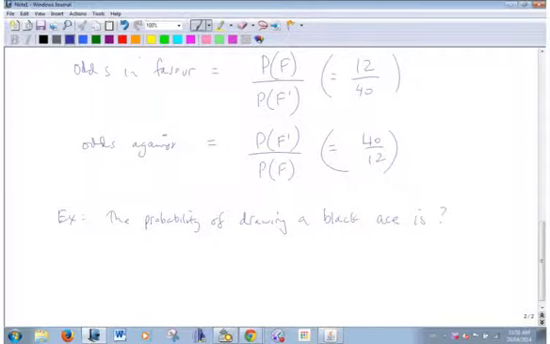There's an ace of clubs. Yeah. 2 out of, what's the total choices? 52 cards, right? Okay, simplified, that's 1 out of 26. And yeah, maybe we'll make it a decimal sometimes too. Okay? So it might be written like that, might be written as a decimal. They just divide 2 divided by 52.